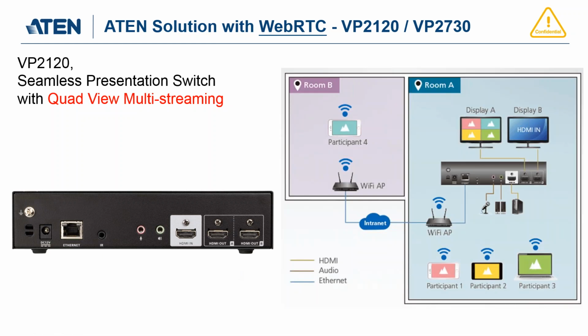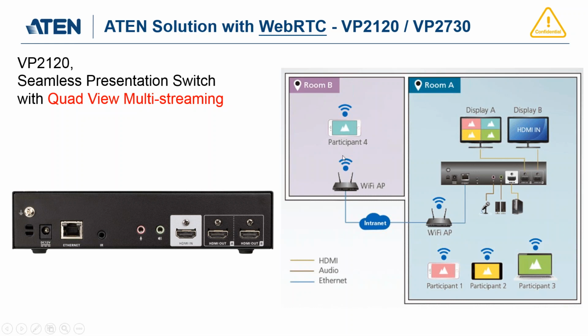Well, the thing is, remember we mentioned it supports streaming. So what it can do is, of course, here you can have a local input, for example, a PC in your meeting room to plug into the HDMI input port. But at the same time, you can also utilize the wireless AP to accept video coming from different participants from either their smartphones or their laptops.